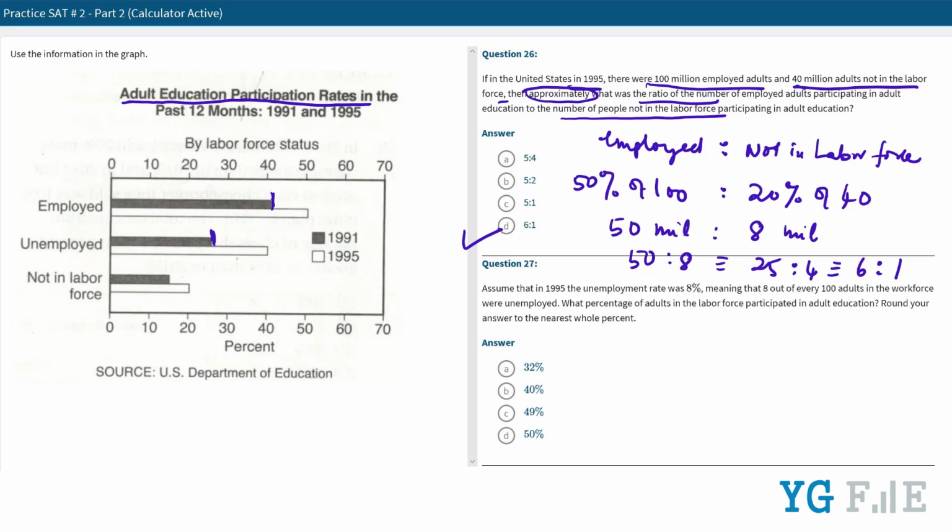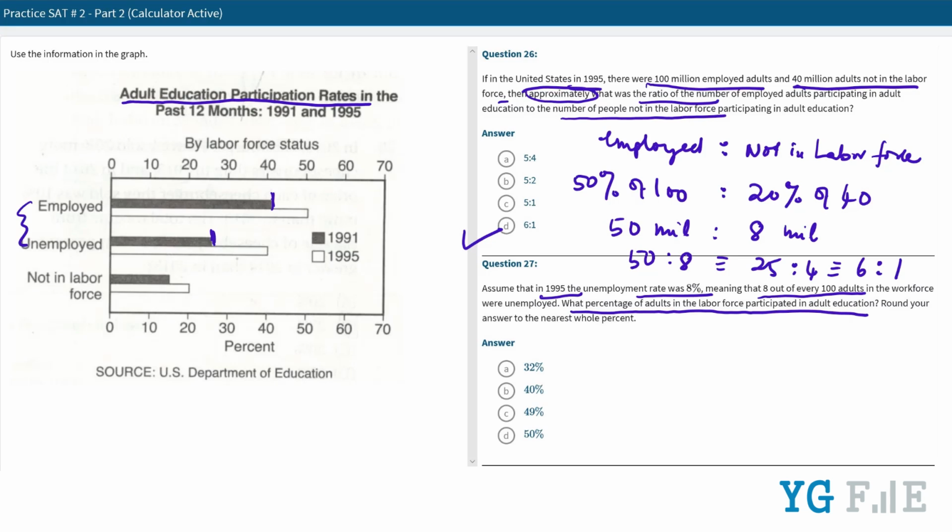In the next question, for the same year 1995, the unemployment rate was 8%, which means 8 out of 100 adults were unemployed. Now he asks what percentage of adults in the labor force participated in adult education. So he wants to find out the percentage of those adults, both employed and unemployed, who participated in adult education.